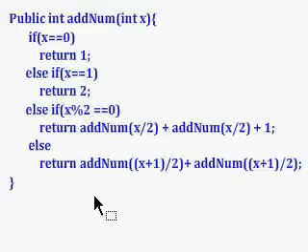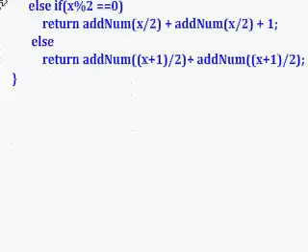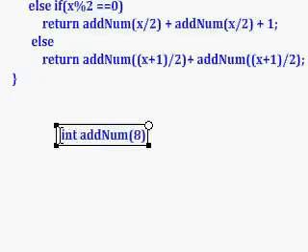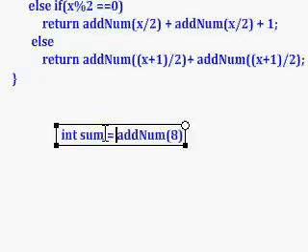Anyways, so let's start tracing. Let's say we have a function called, so actually let me do it a little more over. There we go. We call add num of 8. Alright, so we call that, and we'll set it equal to int something.